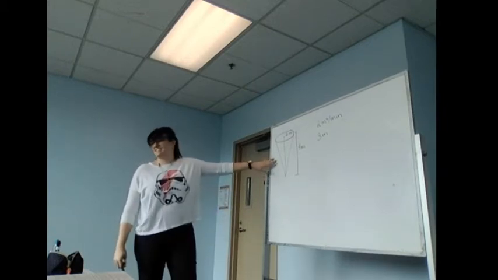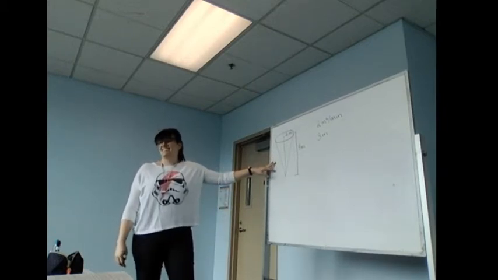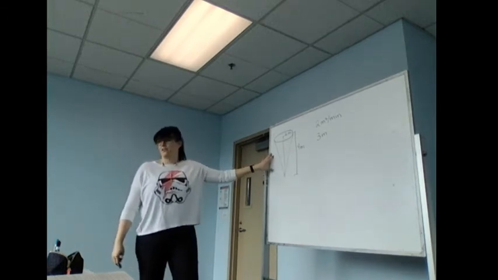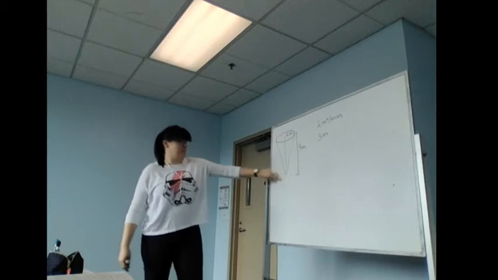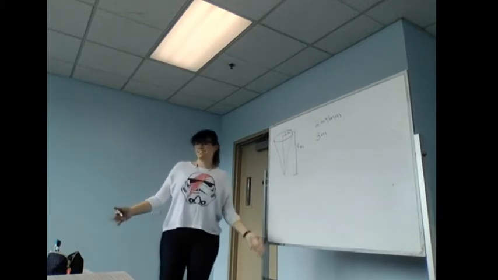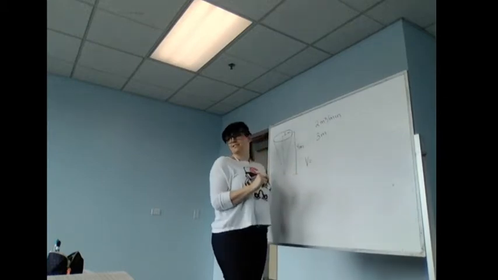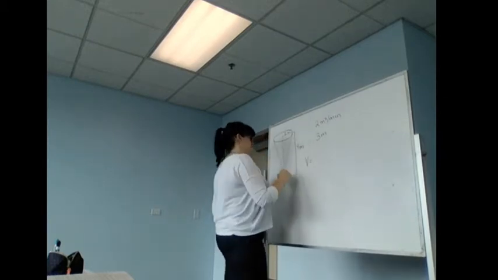So what shape is this? It's a cone. And we're talking about the volume, because it's water and space and stuff. So what's the volume for a cone? I'll give you a hint.